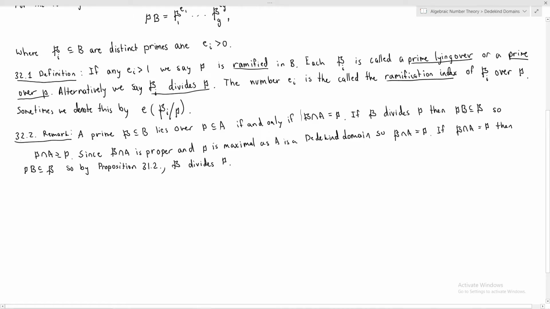Okay, now we're going to define the notions of residue degree. 32.3. That's another definition.